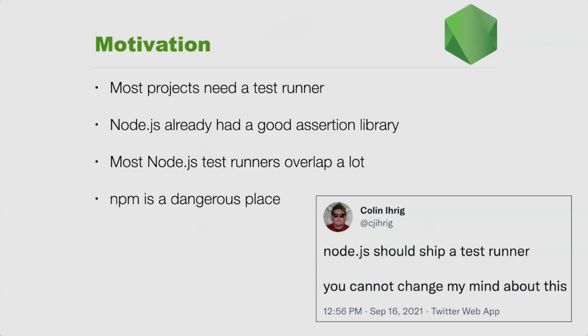Node, or JavaScript in general, already had a fairly large ecosystem of test runners. There was Lab, like I mentioned, Mocha, which had been around for a long time, Jest. I don't remember if Vitest existed at this point or not, but there were a number of others.